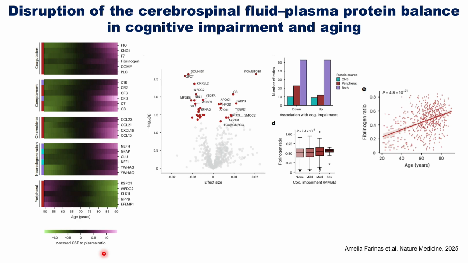So they did the CSF proteomics, they did the plasma proteomics, then they found out which proteins have a higher ratio. The CSF to plasma ratio was high, and fibrinogen is one of the proteins which correlates with the aging and the cognition. With severity of cognition, it's not very high, but it's high. MMSE is the test for cognition.